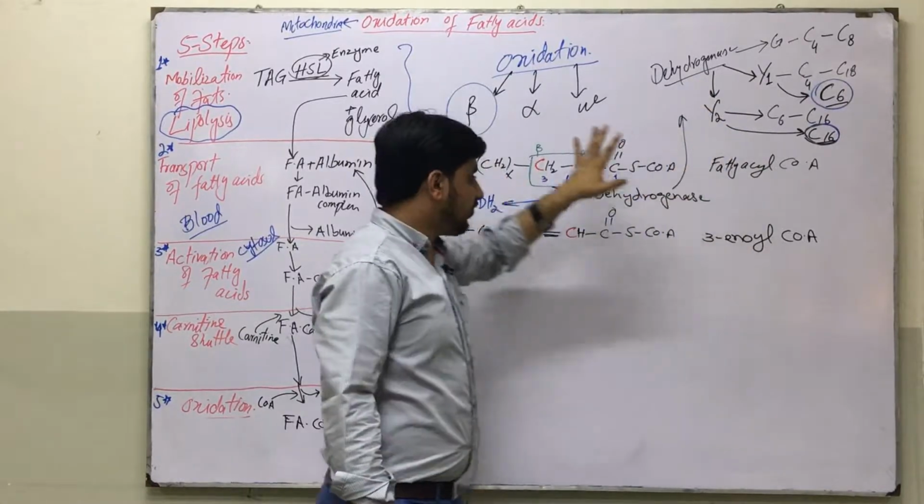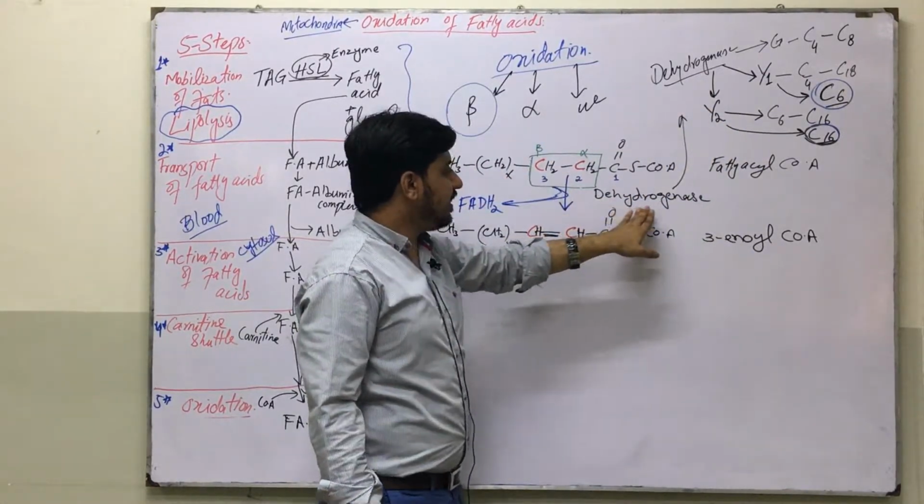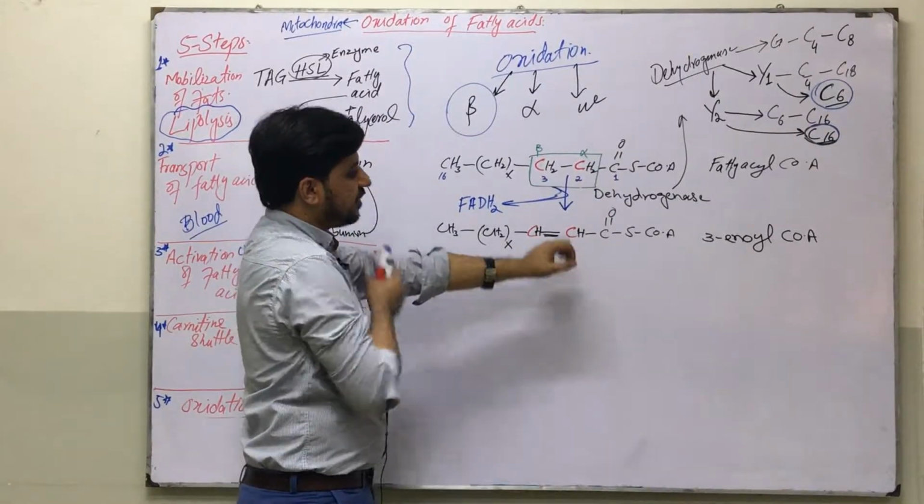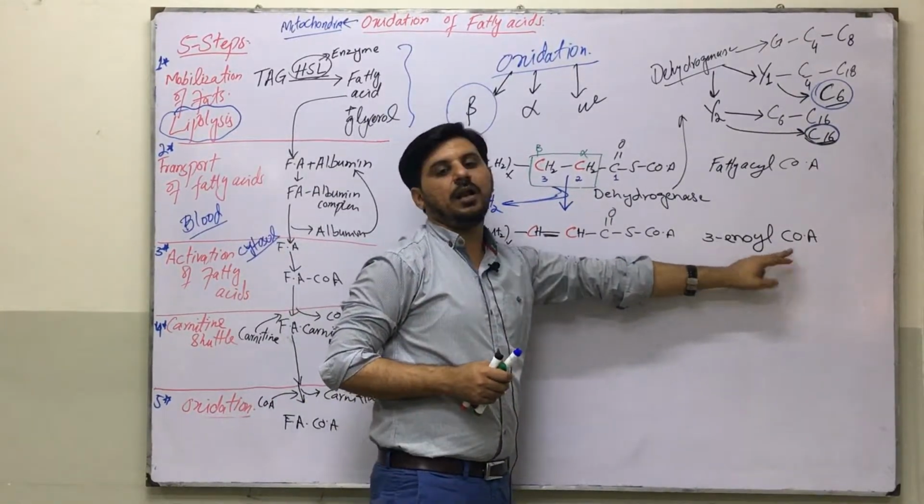Is that clear? Its full name is fatty acyl CoA dehydrogenase, and it will be responsible for the formation of 3-enoyl CoA.